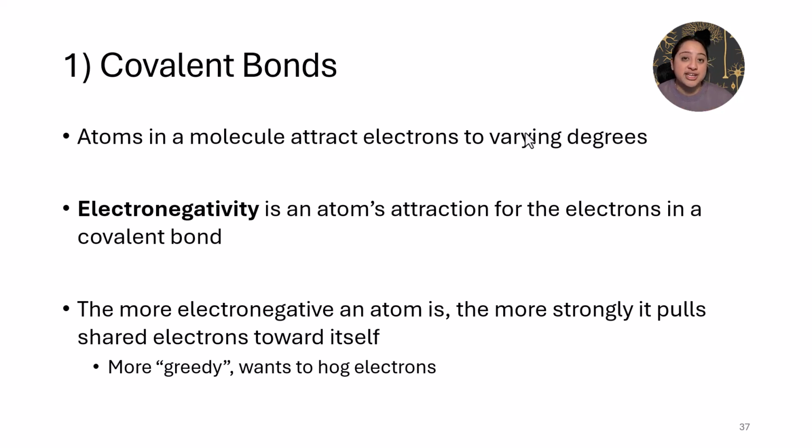So electronegativity is an atom's attraction for the electrons in a covalent bond. The more electronegative an atom is, the more strongly it pulls electrons towards itself. Even if it's sharing, it's kind of like hogging them. So electronegative atoms are like greedy, like they want to hog electrons.